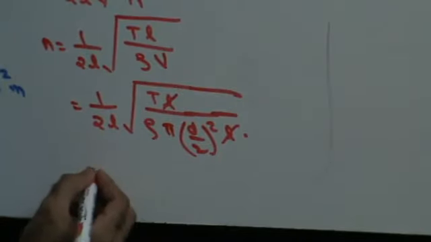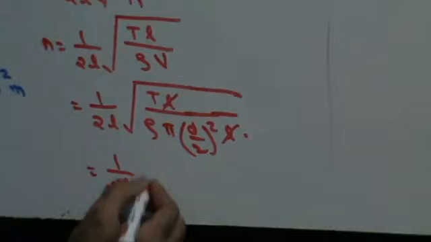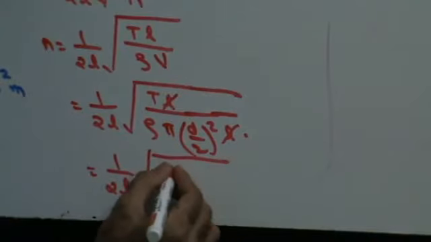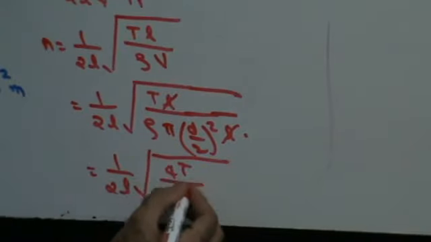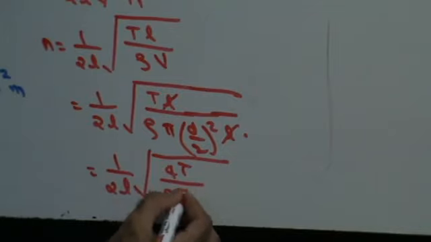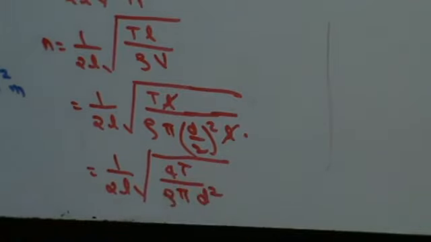L and L gets cancelled, so in that case you will get this as 1 upon 2L square root of 4T upon rho pi d square.